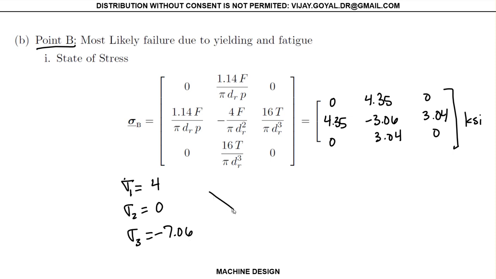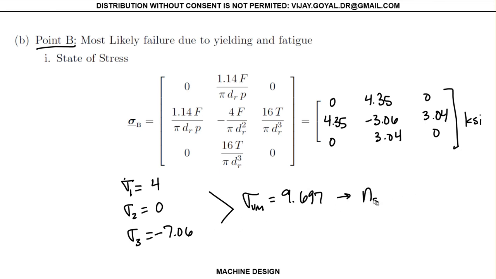Then from here, you find your von Mises stress. Von Mises is 9.697, and this is all in KSI, by the way.